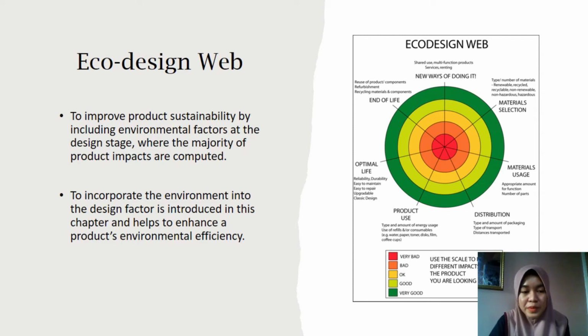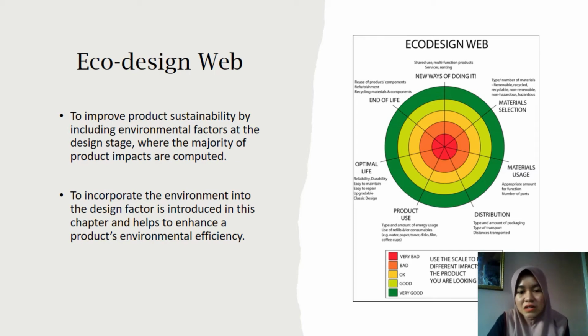For example, eco-design work can lead to improvement of the iron product that is made based on the eco-design work. As we can see, it is divided into every part: the material selection, material usage, distribution, product use, optimal life, end of life, and new ways of doing it.